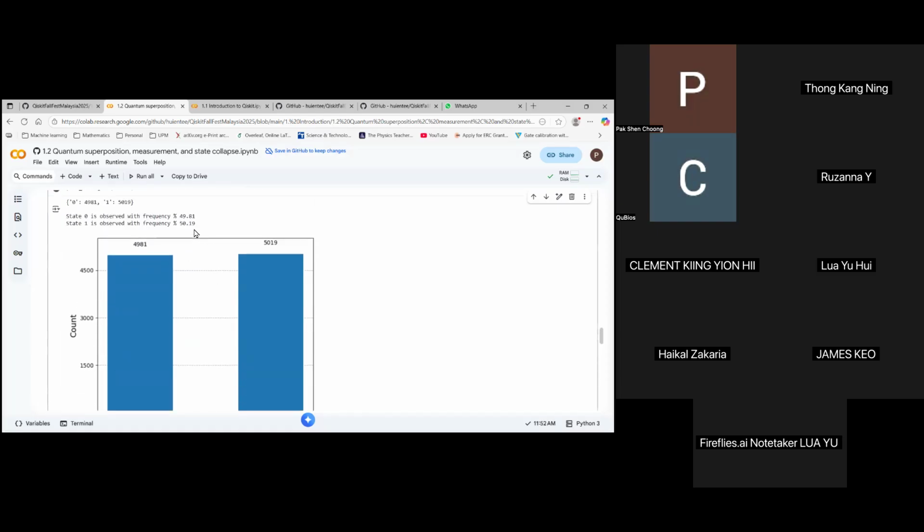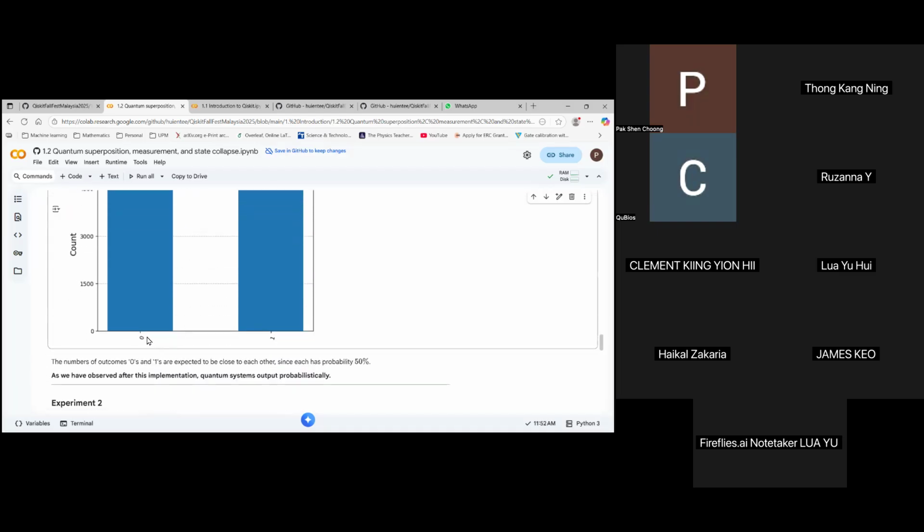But in real life situations, you really can't get 50-50. It's just that here it is quite near perfect, but it also counts as 50-50 if you don't care about the difference. So yeah, this is one state.